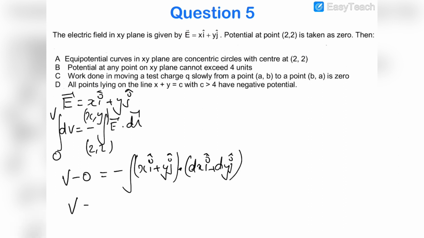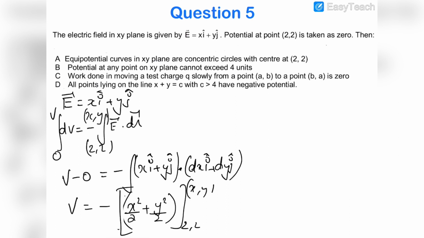So V is equal to minus integration, x square by 2 plus y square by 2. We have already done the integration. Now we have to put the limits, from (2, 2) to (x, y). So V will be equal to 4 minus (x square plus y square) by 2.